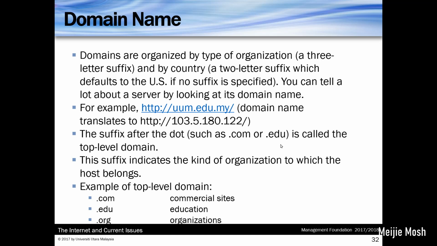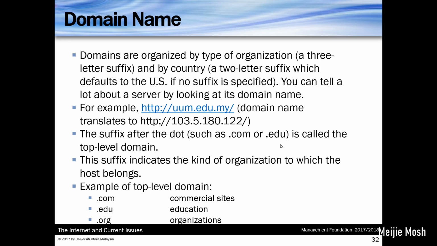For example, google.com is registered with the US, unlike google.com.my, which is registered in Malaysia. So we can tell a lot about a server by looking at its domain name.